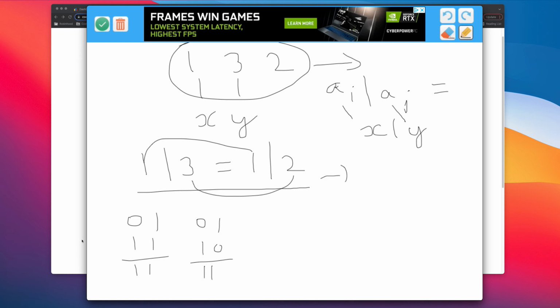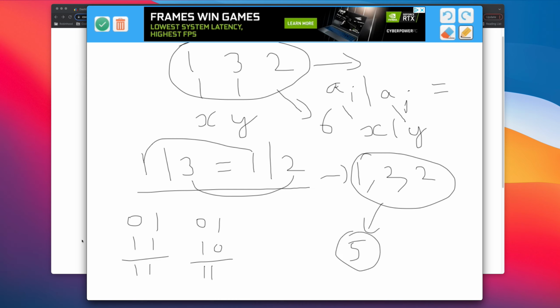So now my new array becomes 1 2 2. So the sum has been minimized. The sum was 3 plus 2 plus 6, and here it has become 5. So this is the problem statement.